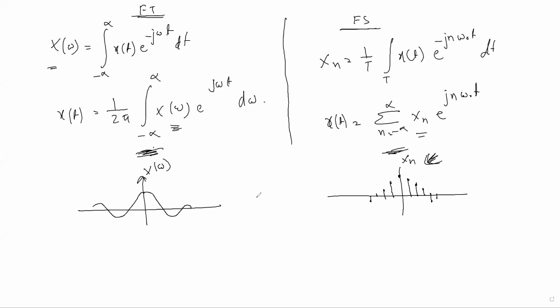In which signals can we apply the Fourier transform? In the Fourier series, I said there is a condition called the Dirichlet condition, and only if the Dirichlet conditions are satisfied can we apply the Fourier series. Similarly, the signal should also satisfy the Dirichlet conditions for us to apply the Fourier transform.